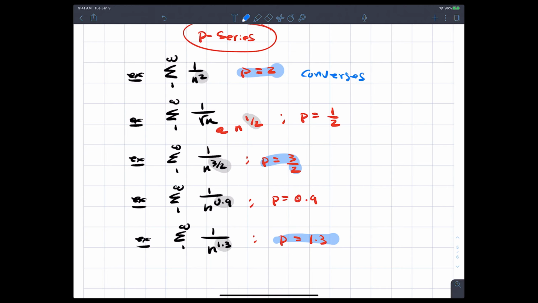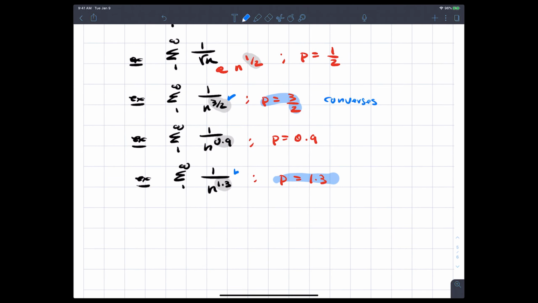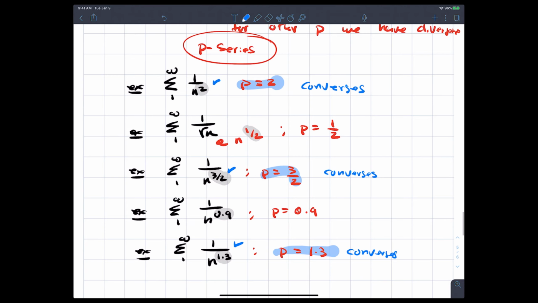And it's known as a convergent P series. This P series converges. It's a convergent P series. And then this P series also converges. They're simply known as convergent P series.